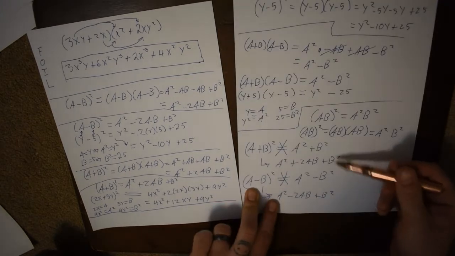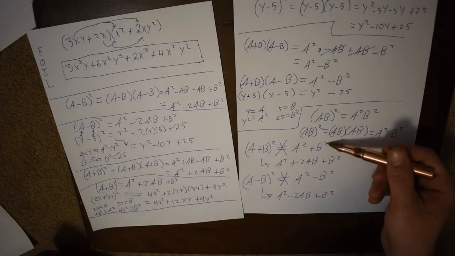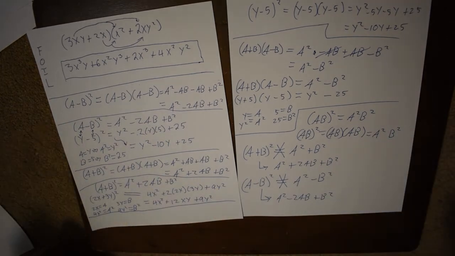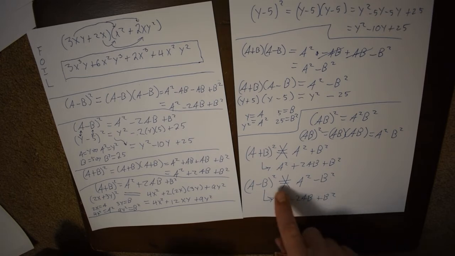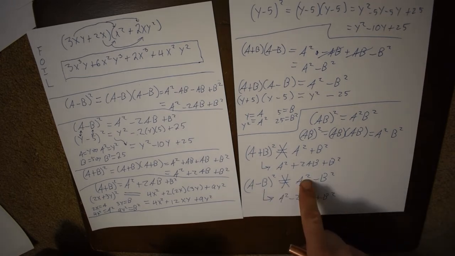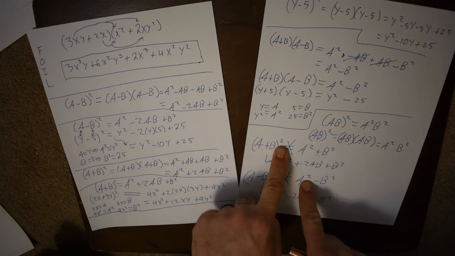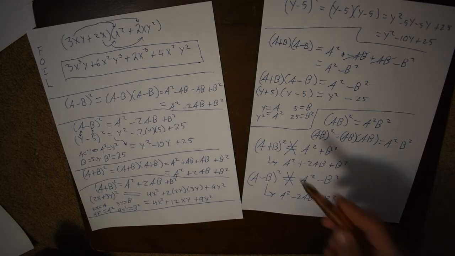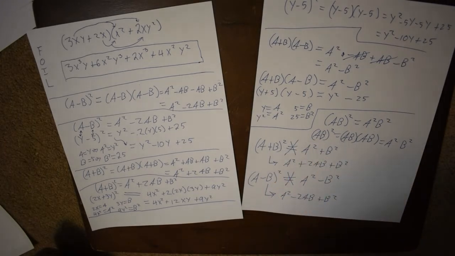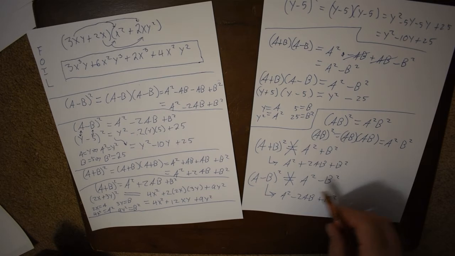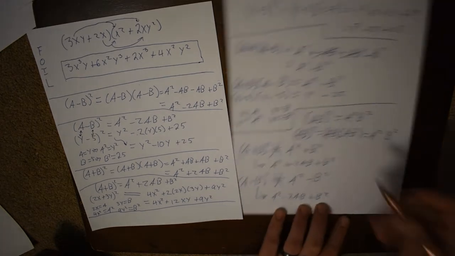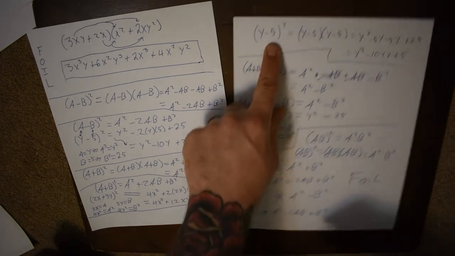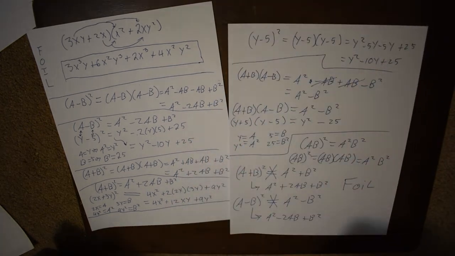Students make this mistake all the time. I've seen this mistake in every section of calculus I have ever taught. Students really want to say that that is equal to that. But remember, if you've got a binomial squared, you need to use the distributive property. So don't tell me that (a plus b) squared is a squared plus b squared, or that (a minus b) squared is a squared minus b squared. You guys need to use FOIL, just like we did up here, to get your correct answer.